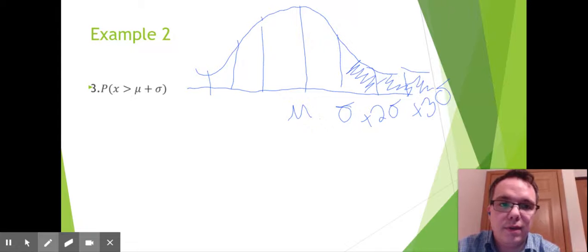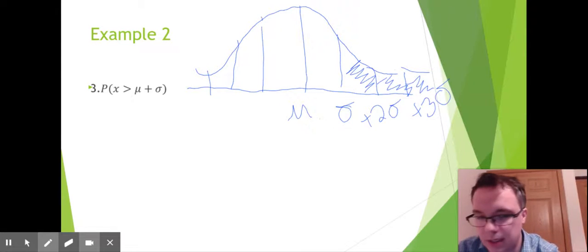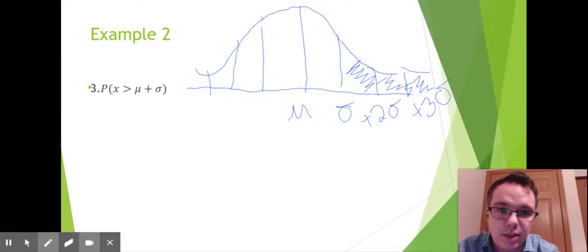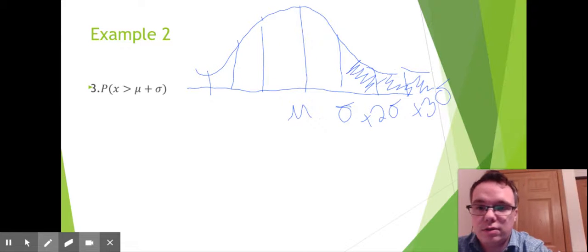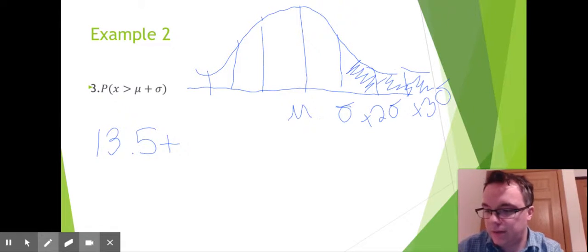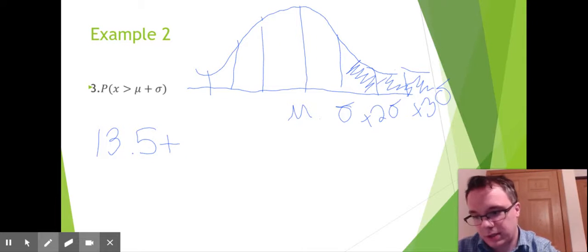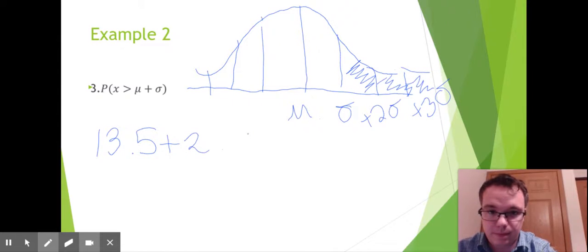So really we have 3 sections shaded in there. We have the section between one standard deviation and 2 standard deviations, which is 13.5%. We have between 2 and 3 standard deviations, which is 2.35%.